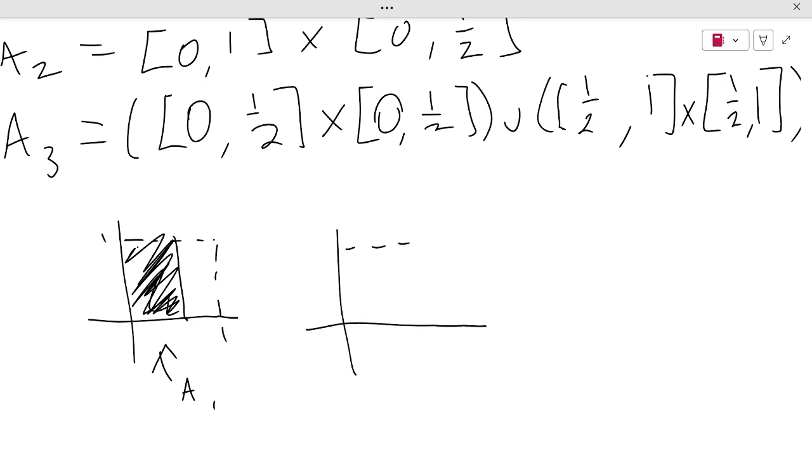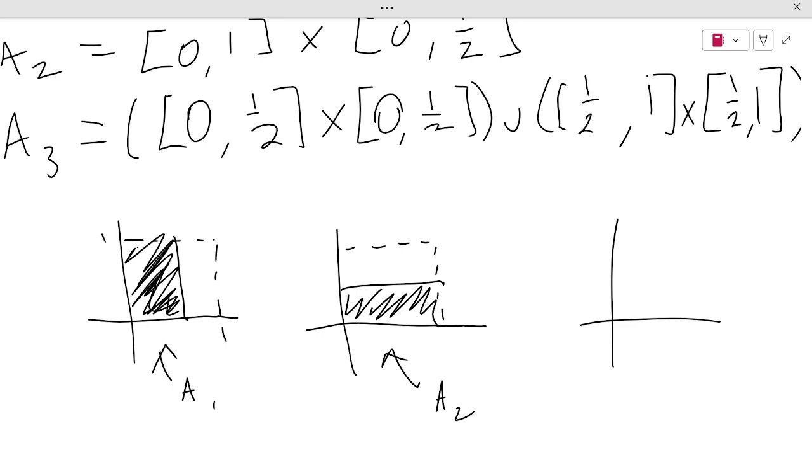A2 is this region, the bottom half of it. And then A3 is the weird sort of two squares that we have going on. It's the bottom left corner and the upper right corner.